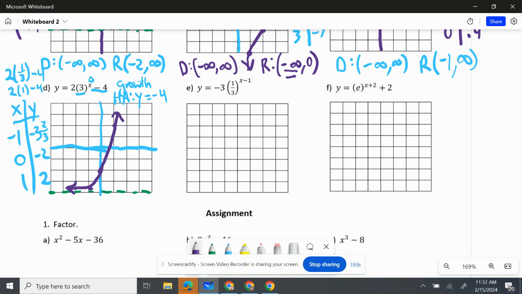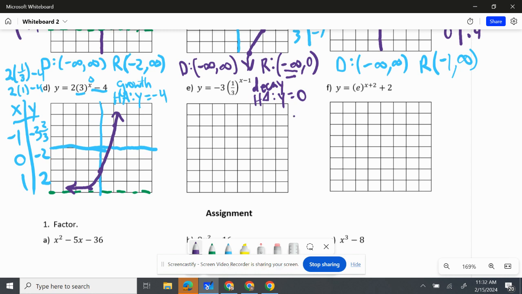If we're looking at letter E, we see the 1/3. That tells us it's decay. Our horizontal asymptote is y is equal to 0 because there's no constant value.